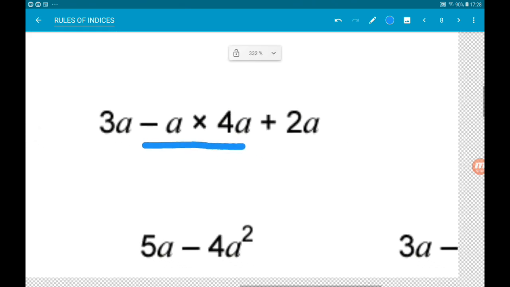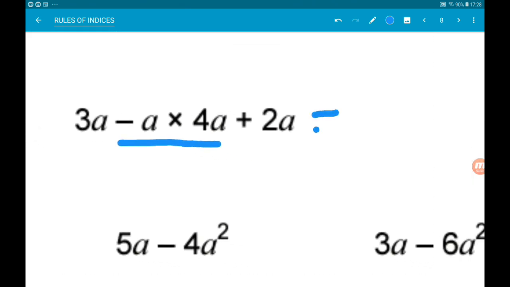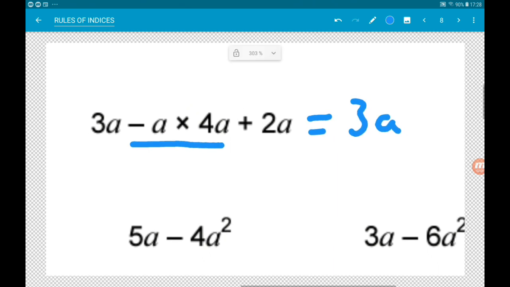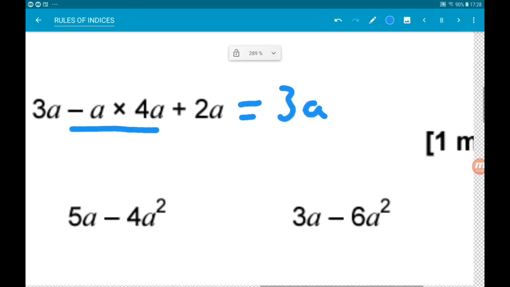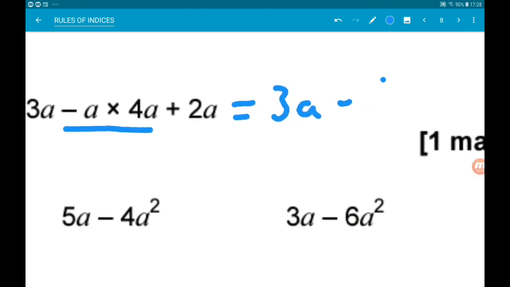So, we can write this as 3a minus 4a squared add 2a.